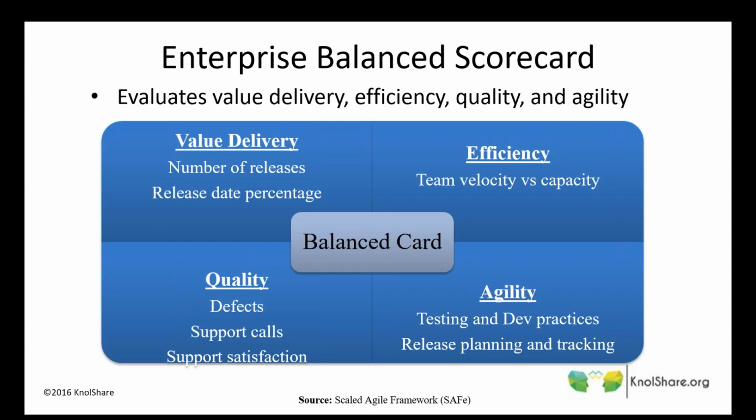And then learning and growth comes from quality and agility, just the practices. So there's some alignment between this enterprise agile balanced scorecard and a traditional software balanced scorecard. This is another way we could look at measuring alignment and actually knowing where we are.